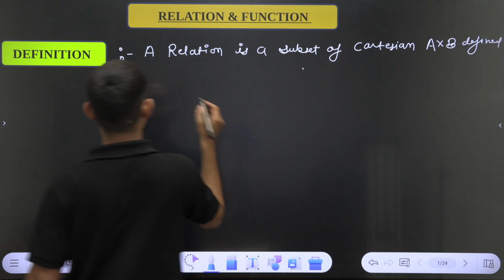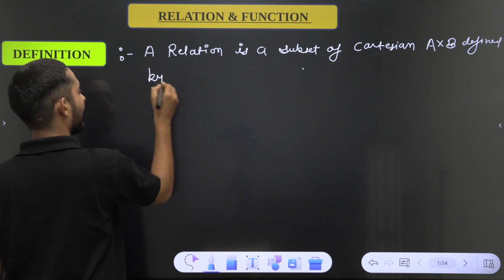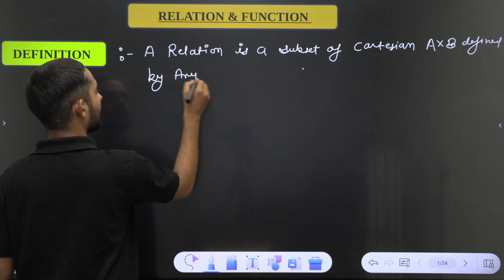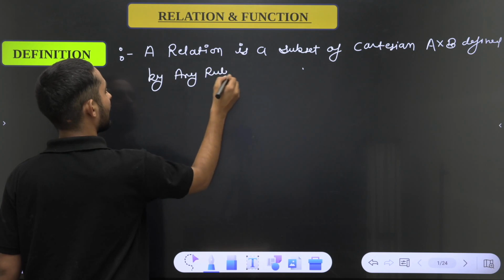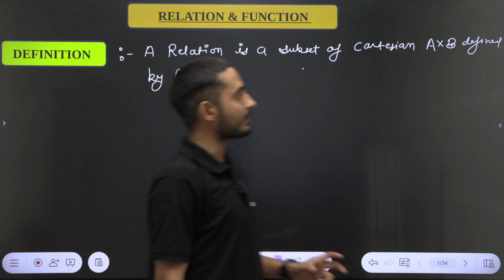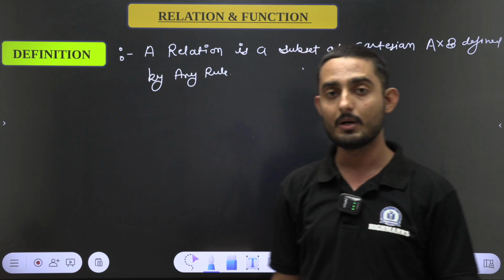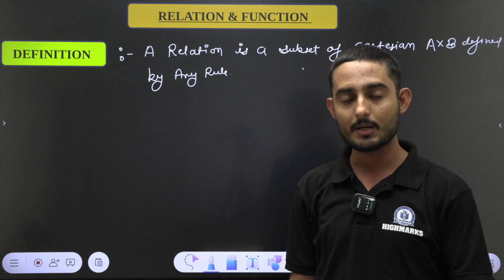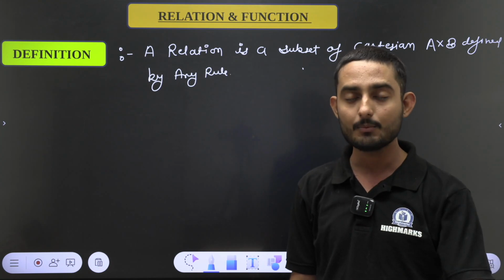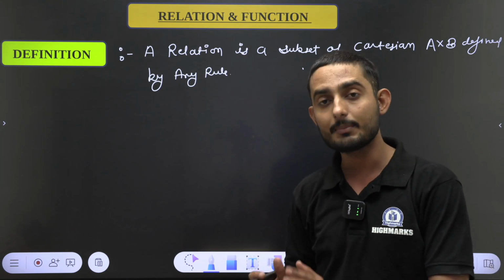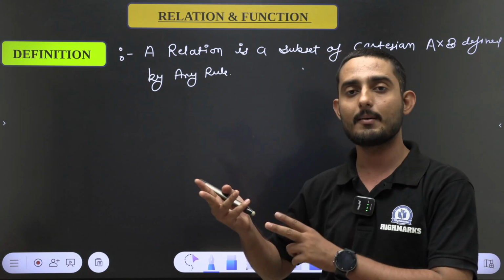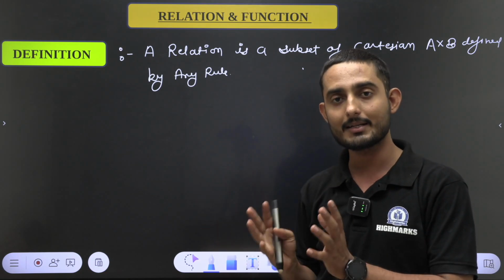Relation is a subset of the Cartesian product A cross B defined by any rule. कहने का means A cross B will be a Cartesian product, and relation will be the subset of that Cartesian product, and there will be a statement or a rule between two elements by which we can relate them in a Cartesian product.